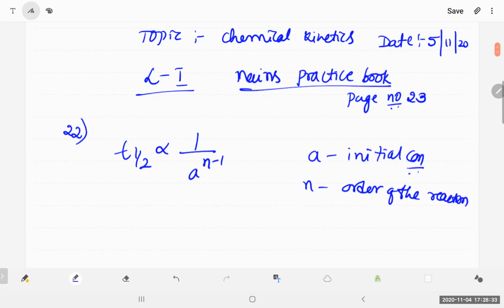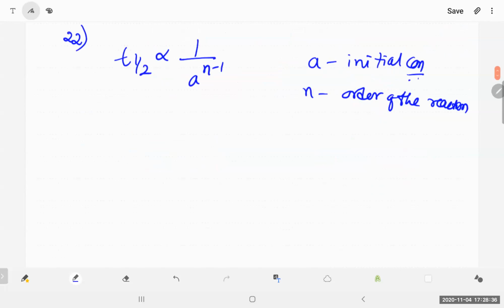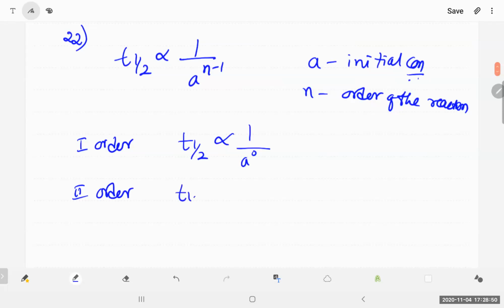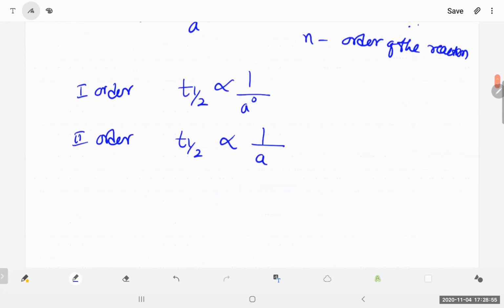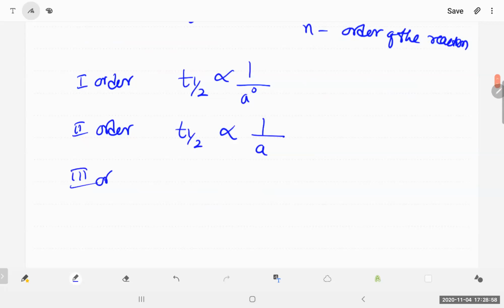For first order, T half is 1 by A to the power of 0. For second order, T half is 1 by A. For third order, T half is 1 by A square. So the answer is 3, that is third order.